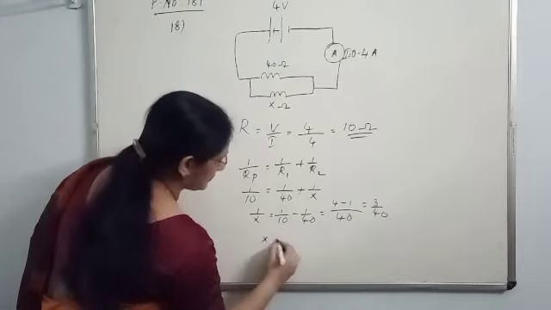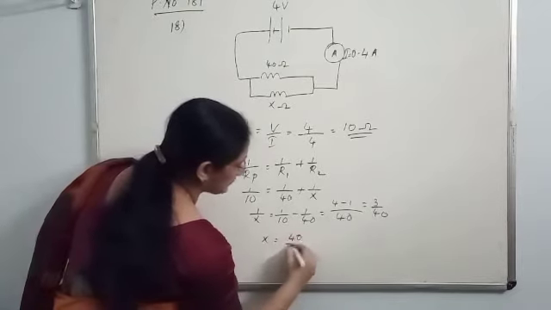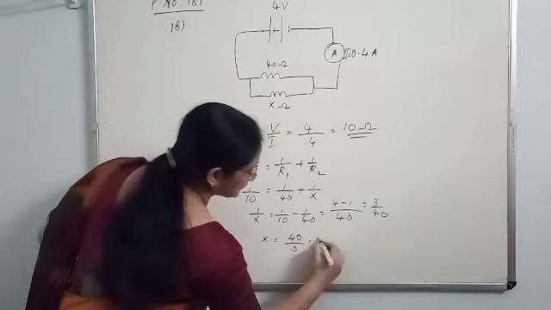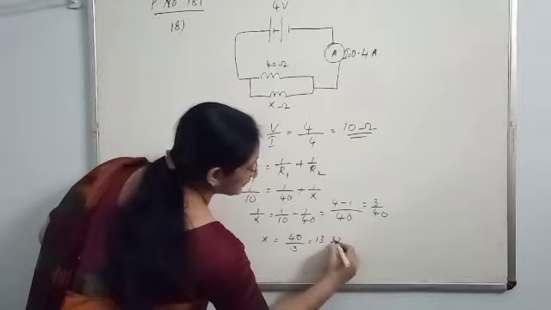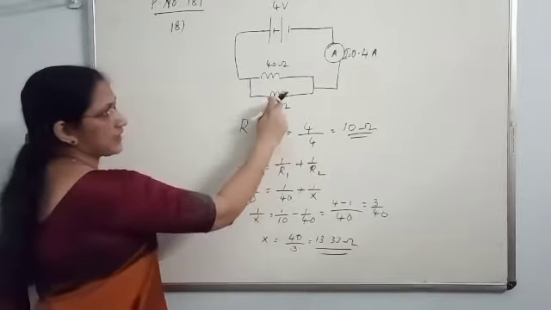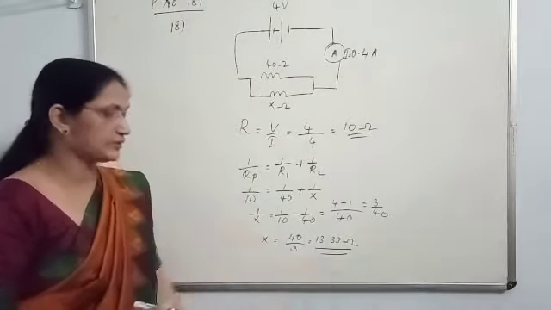So X is equal to 40 by 3, 13.33 ohm. That is the value of X, 13.33 ohm.